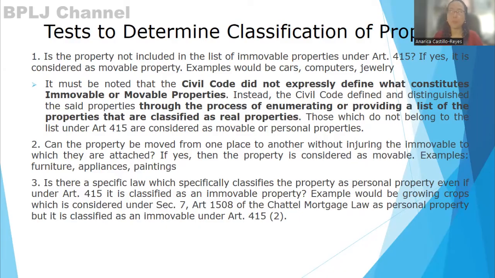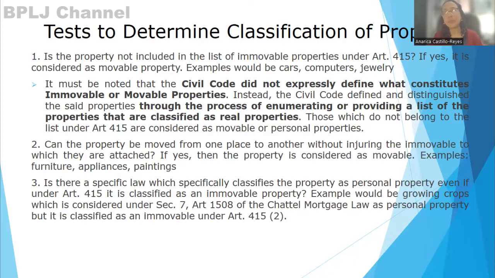Okay, the third one is you consult the law. Is there a specific law which classifies the property as a personal property? If there is, such as growing crops, which under Article 1508, Section 7 of the Chattel Mortgage Law is considered as a personal property, then it is a personal property, even if the Civil Code under Article 415 provides that growing fruits, if still adhered to the soil, are still considered as real property.